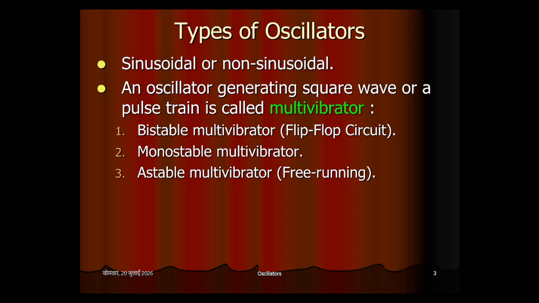Bistable multivibrator is a flip-flop circuit. Monostable multivibrator and astable multivibrator generate the square wave or pulse. Depending upon the type of feedback, we have tuned oscillator, RC oscillator and crystal oscillators.